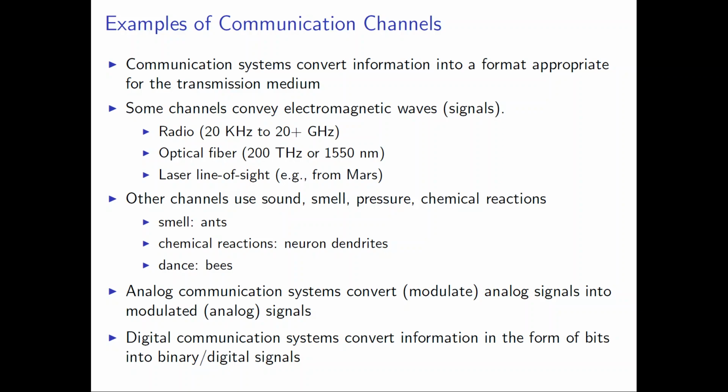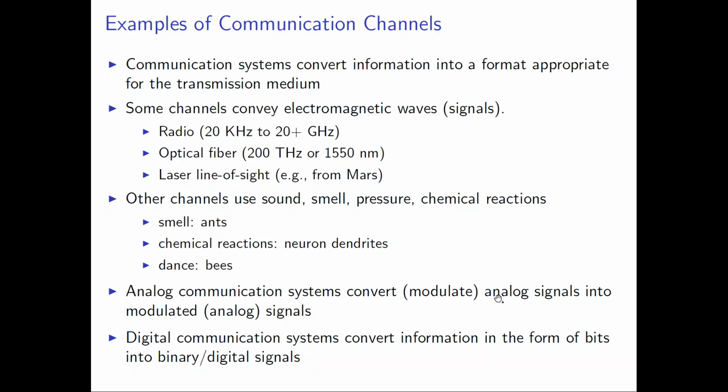Analog communication systems basically convert an analog signal into modulated signals ready for transmission over the air, while digital communication systems convert information in the form of bits into binary digital signals. So digital takes bits and converts them to digital signals that are ready for transmission.